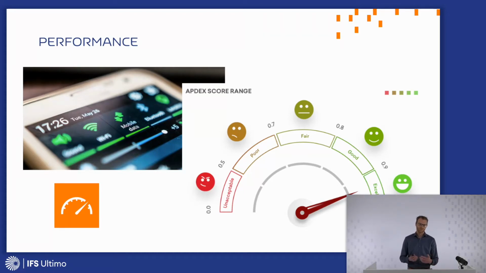We checked it with a method called AppDex, and it was indeed the case. We saw that the performance dropped to fair. But we want to have happy users also with our app. So we took this very seriously and we really changed the entire architecture beneath it.